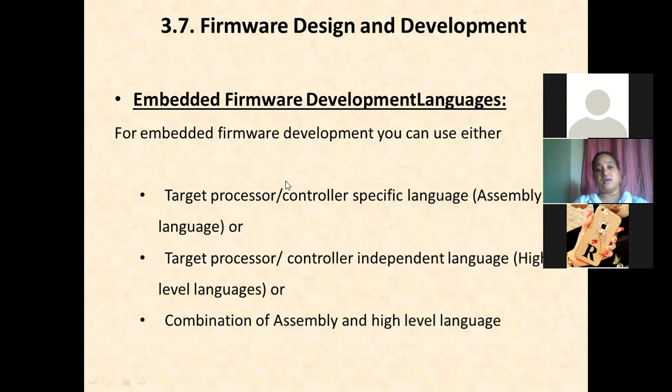The first is processor or controller specific language, that is, processor or controller dependent language, also called assembly level language. The second category is target processor or controller independent language, also called high level language. The third one is a combination of these two.